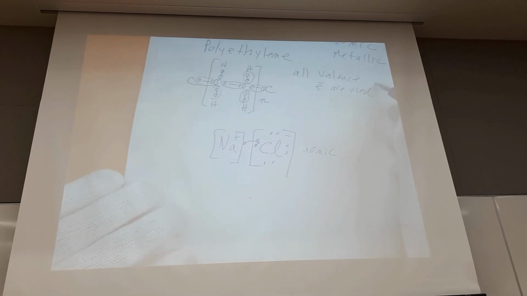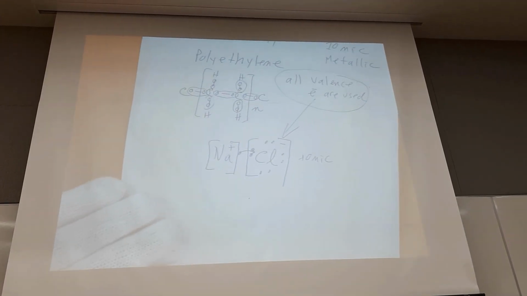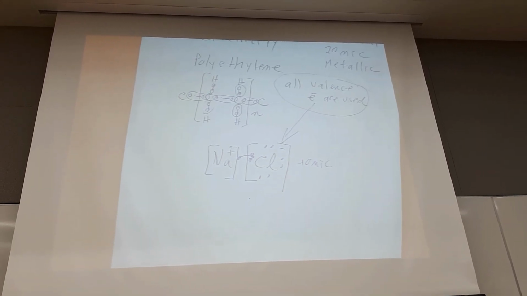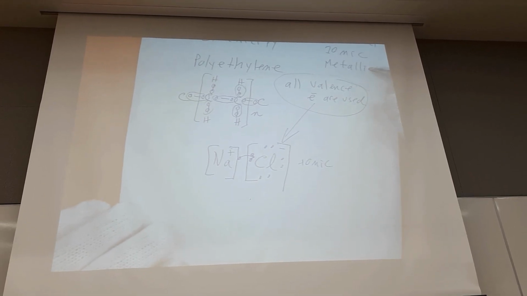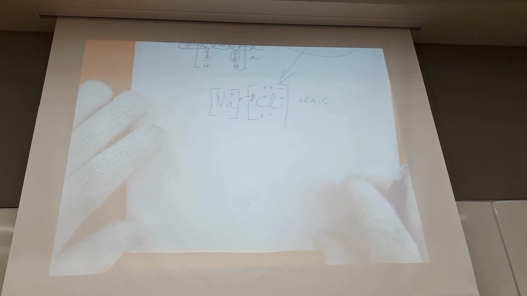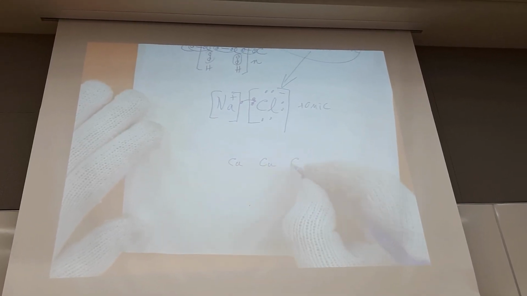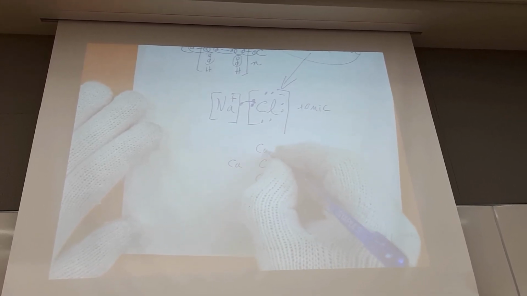Again, all the valence electrons in here are being used in order to make that bond. None are available to do work. And there's one left over, and that's the metallic bond. Consider iron, copper, it doesn't matter. Since we're working with electricity, copper is common, so I'll just use copper. Here are copper ions, or copper atoms.